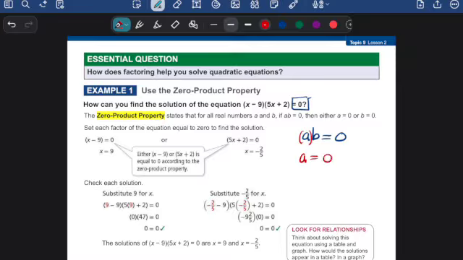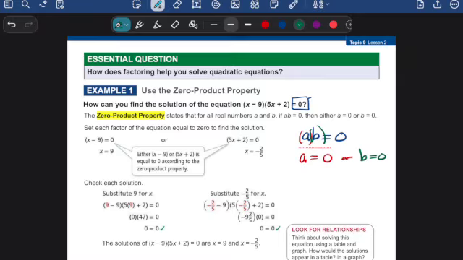Either A equals 0 or B has to equal 0, because 0 times anything will equal 0. So one of those factors needs to equal 0. That's what we're going to use.